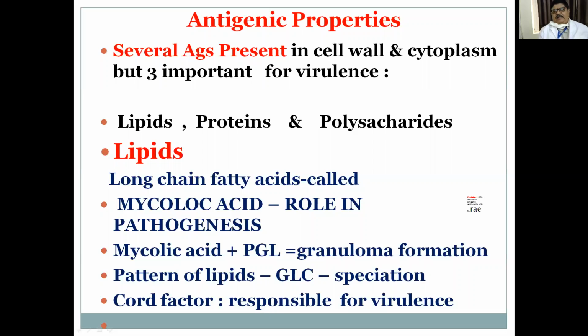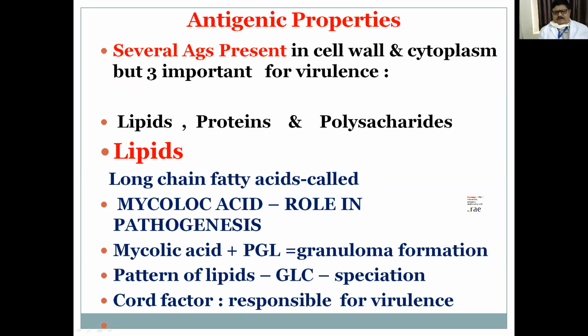Now, what are all the antigenic components? We have lipids, we have proteins, and we have polysaccharides. Coming to lipids, please remember, mycolic acid can be a short cross question. Mycolic acid has a role in pathogenesis, and the disease is caused because of mycolic acid.